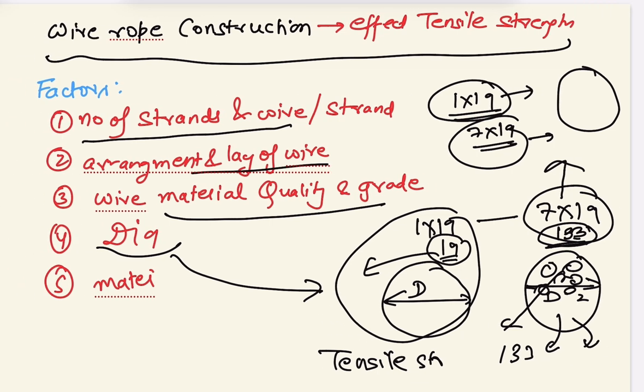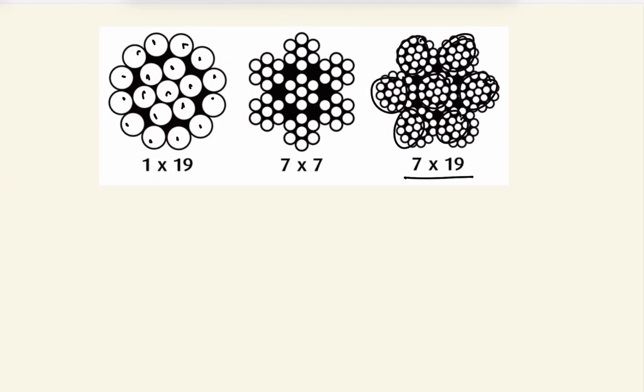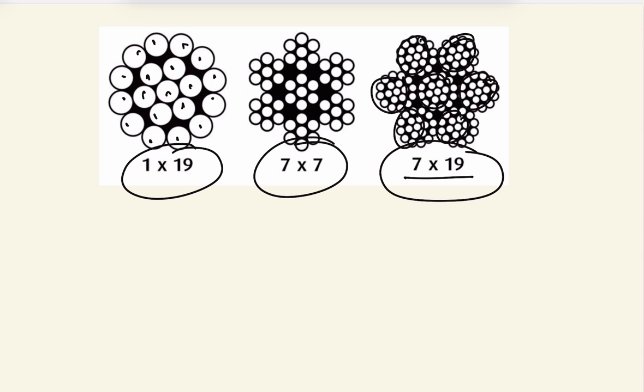I will share another example. There is a 1 into 19 construction, a 7 into 7 construction, and a 7 into 19 construction.